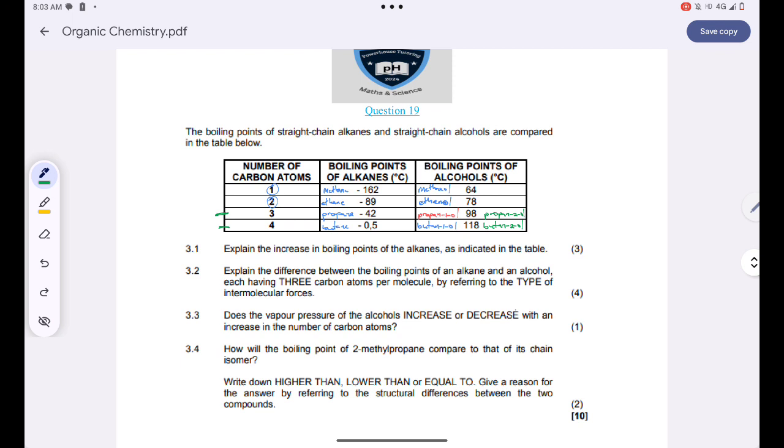Now let's answer the questions. Explain the increase in boiling points of alkanes as indicated in the table below. Once you add the number of carbons, firstly you are increasing the molecular size of your compound and also the surface area of your compound. Are you together?